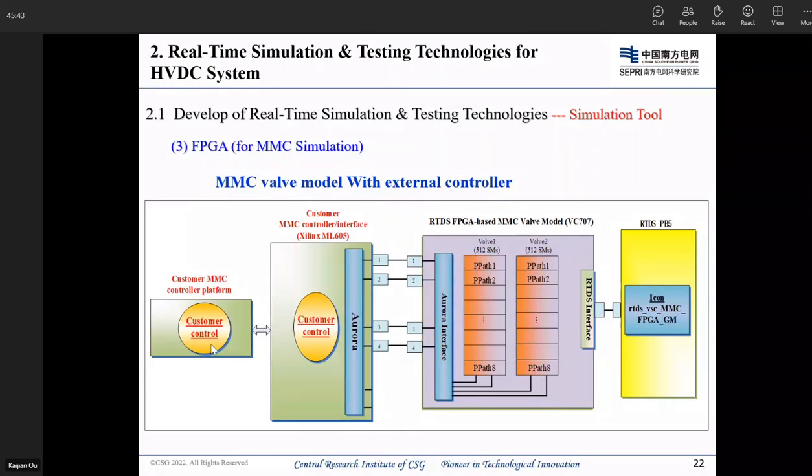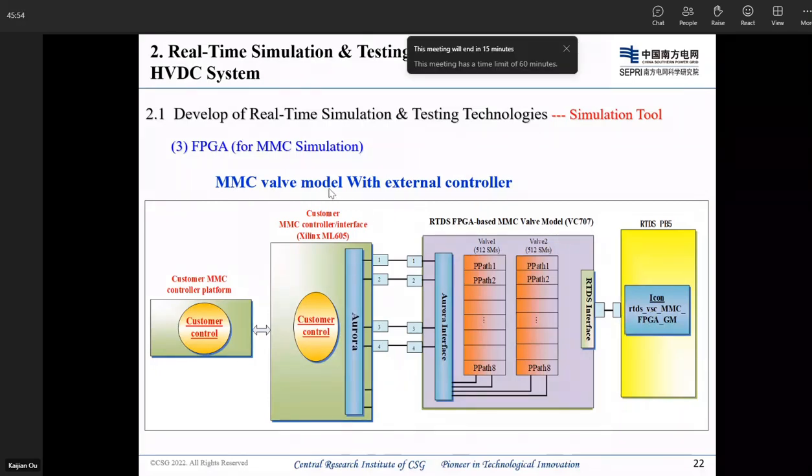They can connect together, and also connect with the RTDS PB5 card. Then we can simulate the MMC valve with an external controller.